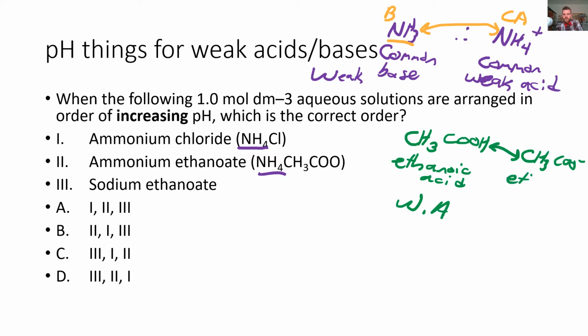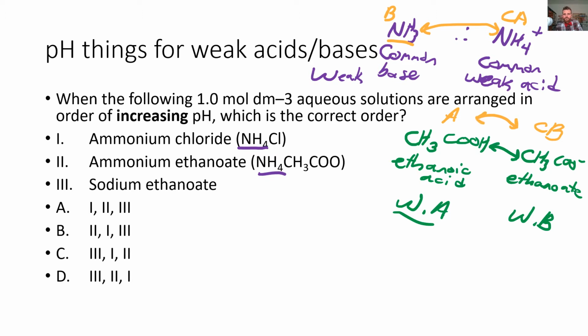This is ethanoate. And since this is a weak acid, this must be a weak base. Same logic as before. Sorry, let's change colors. If this is an acid, therefore this is a conjugate base.